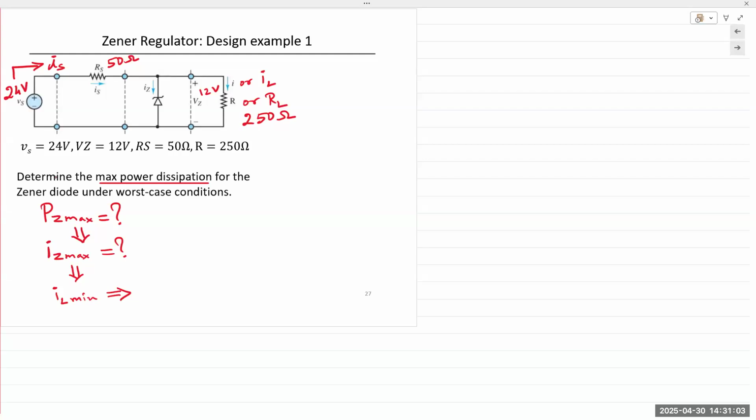KCL, right? IS is IZ plus IL. If IS is maximum, IZ is maximum, and IL is at its minimum value, what is the lowest value IL can take? 0. Load current is 0. If load current is 0, what is the value for RL, load resistance?